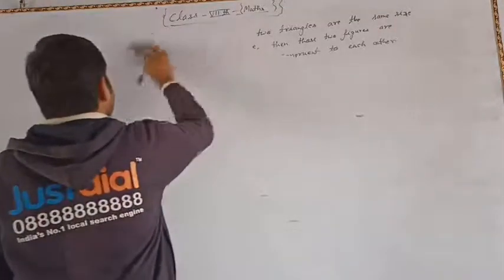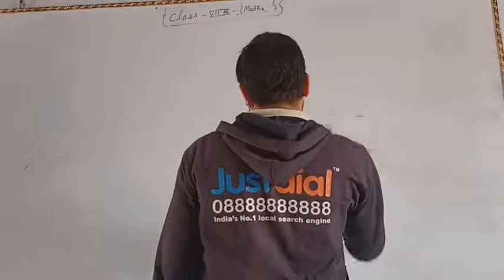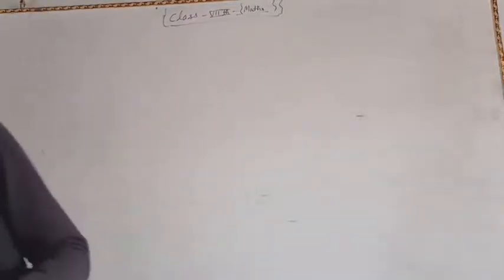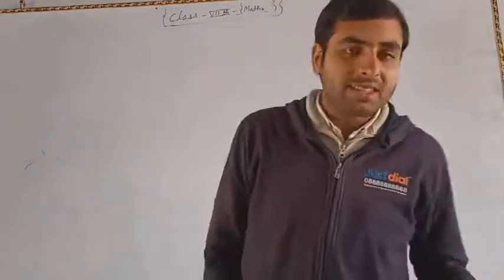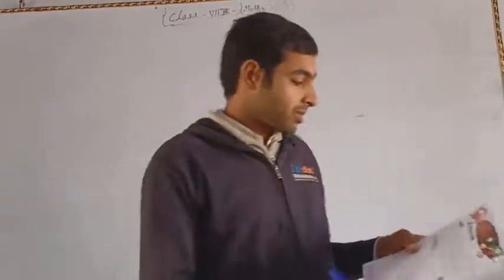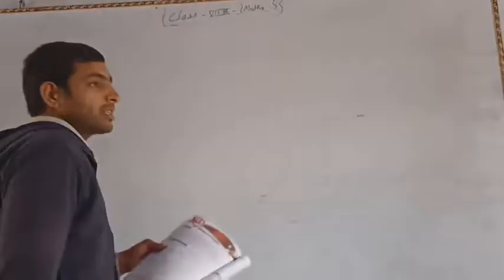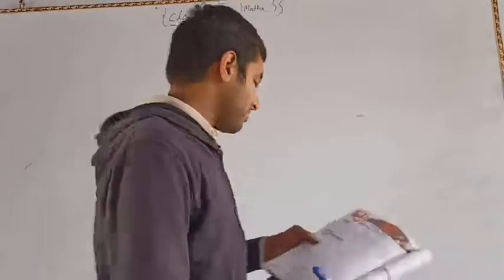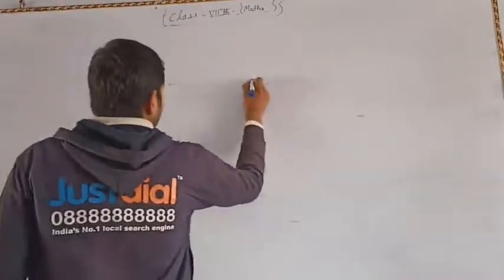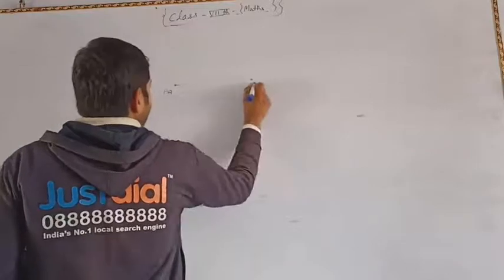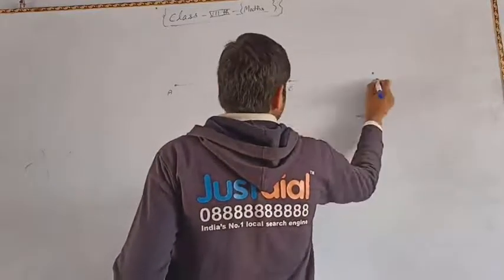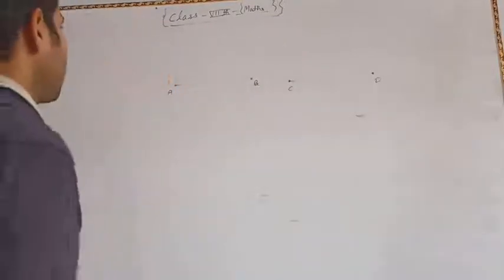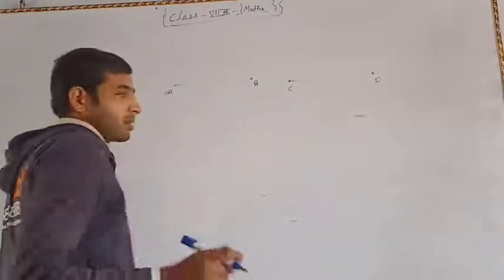Again, here it is given the congruence of geometrical shapes. There are many geometrical shapes. First of all, we have to understand this congruency by taking a segment. Here AB and CD are two line segments, and both segments are 3 cm in length.